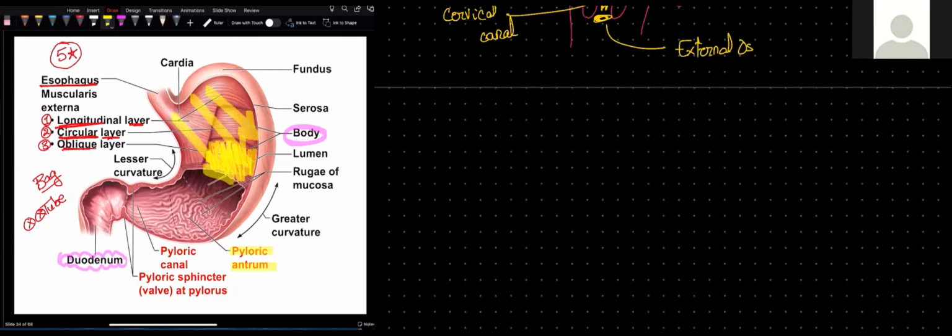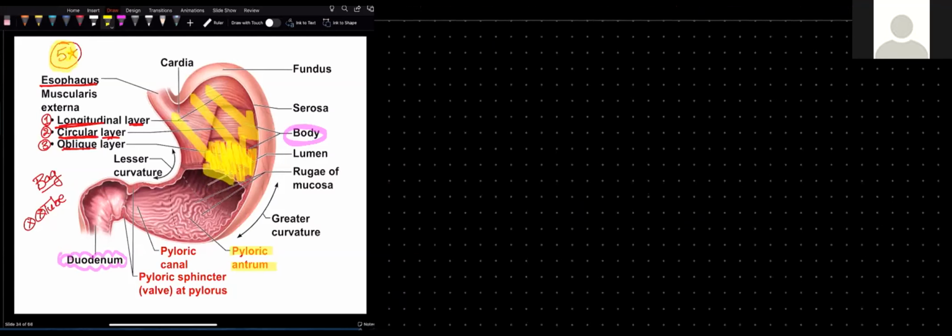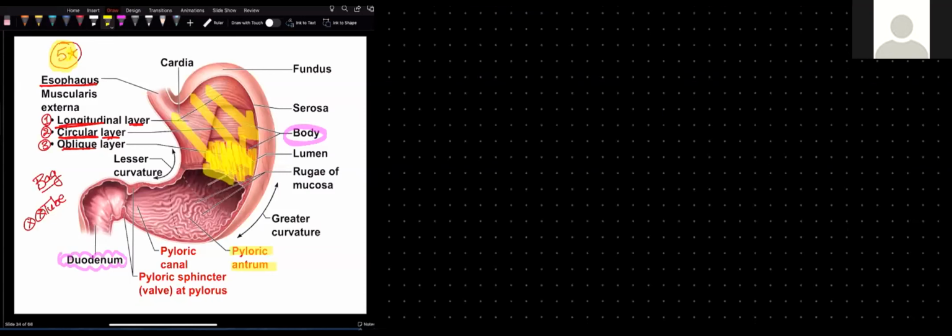All right, so again, this is a very important diagram, a 5 stars diagram. I would say even 10 stars, it must be on your test. So please answer this diagram as your in-class activity for today.